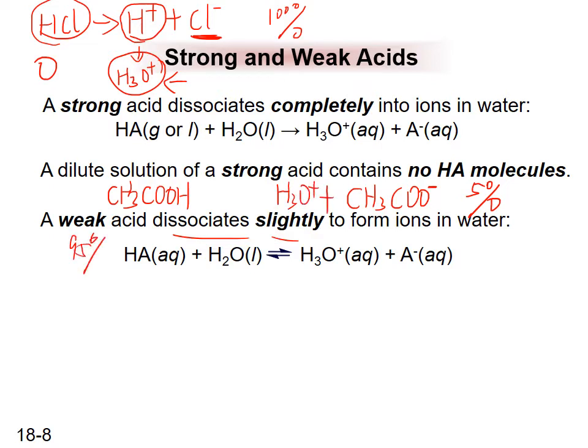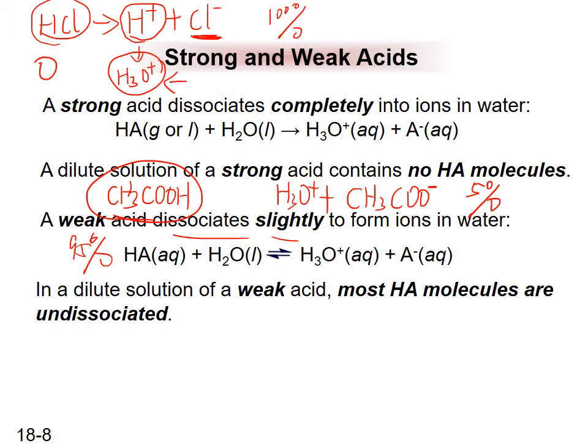95% of the molecules stay in the solution unreacted. So in a dilute solution of weak acid, most of the acid molecules are undissociated. As we know, most reactions have an equilibrium, and the equilibrium constant is a measure of the reaction extent.